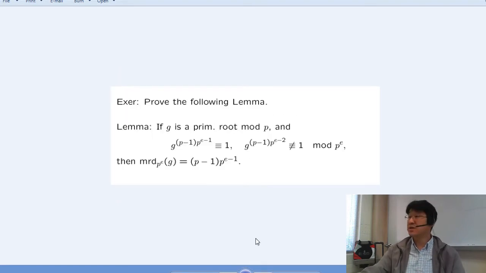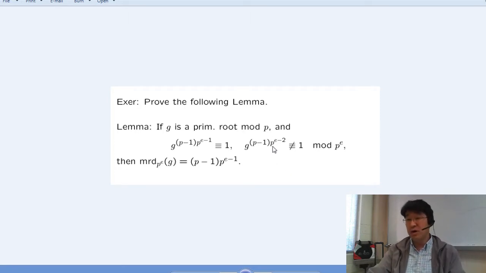And that I turned into an exercise. A little bit challenging exercise. If g to the, this is actually no condition, I think you have to strike that out, because we just showed that this is all satisfied all the time, right? So it's really the second condition. You don't have to worry about p minus 1.